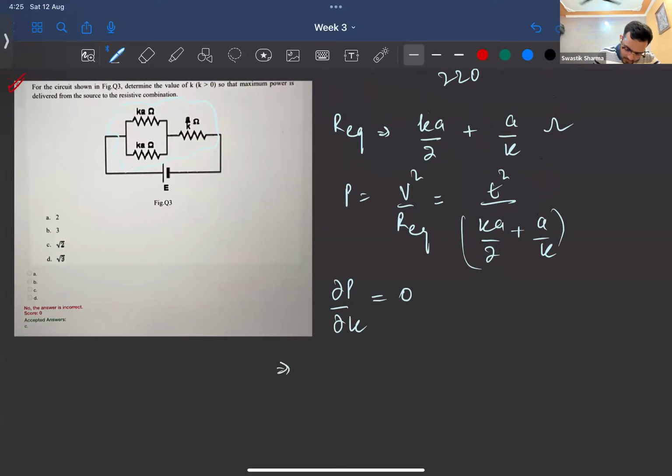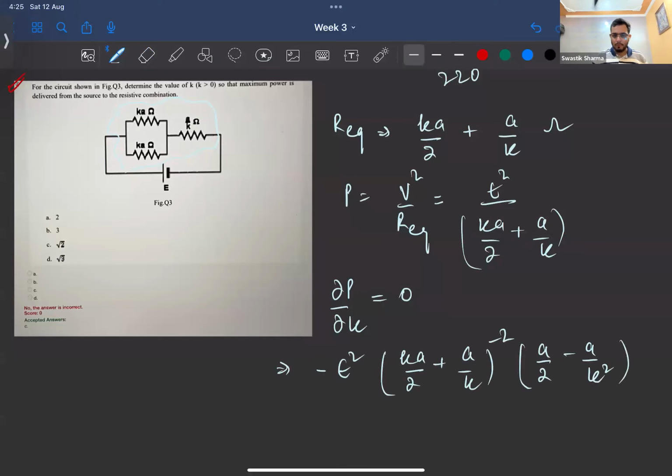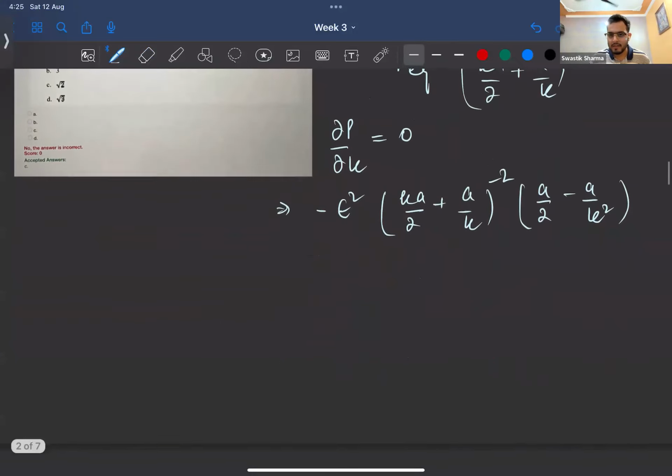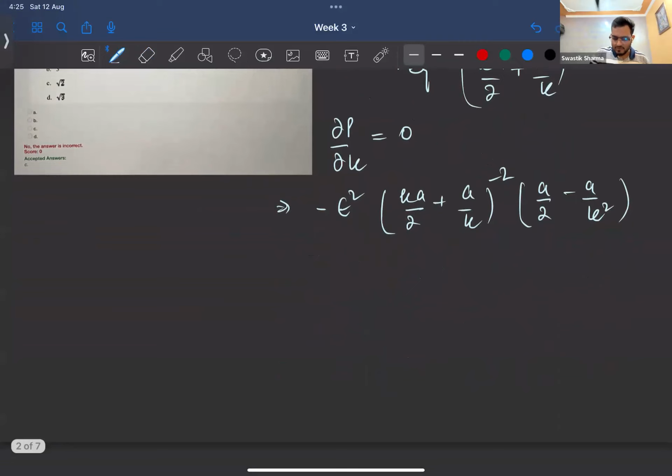Once we do that, we'll get E square, and then due to differentiation it would be minus, and then the negative square, and then apply the chain rule, which would be like this. So does anyone have a problem with this differentiation? Let me know if it is not clear.